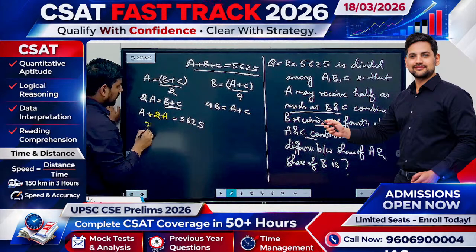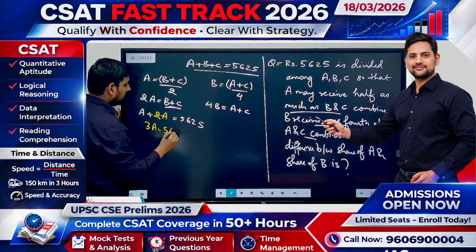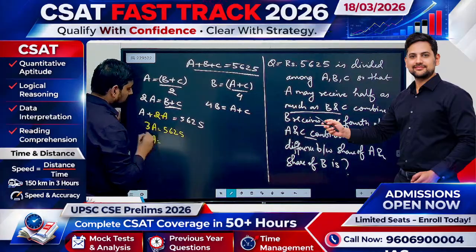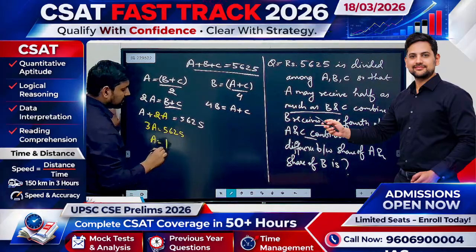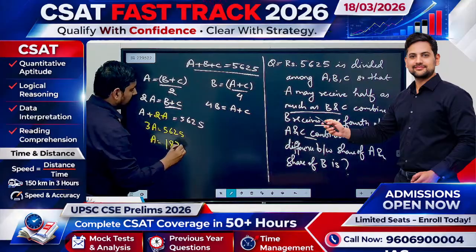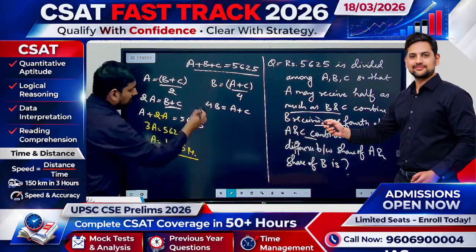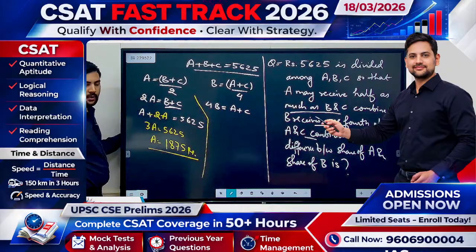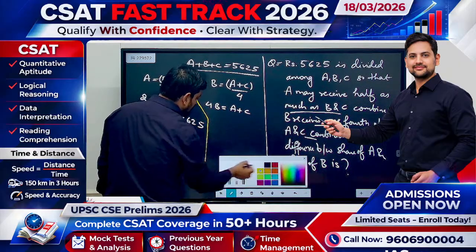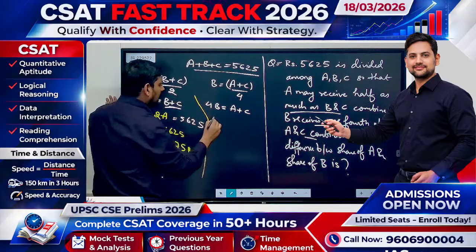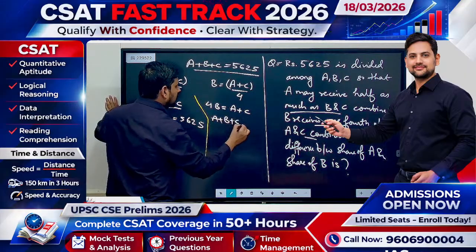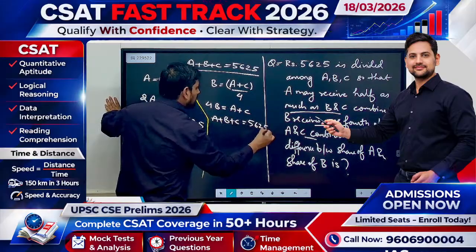So this becomes what? 3A is equal to 5625, or A comes out to be 5625 divided by 3. So this goes 1875. This is the value of A. Similarly, using this, I can find the value of B. How? Like this. So again, I will have A plus B plus C is equal to 5625.